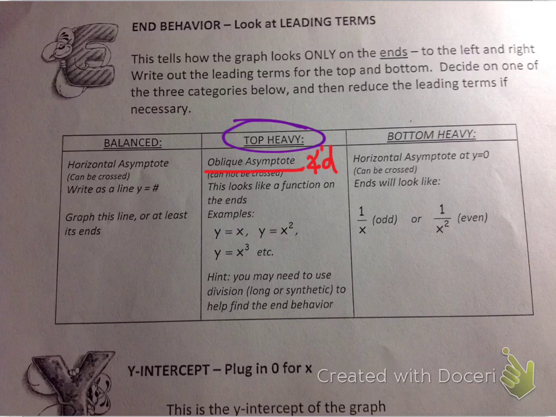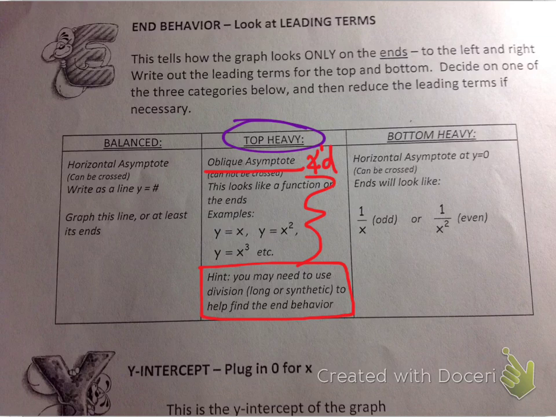Okay? And it tells you kind of what that means. It says that the ends of our graph are going to look like one of these functions. It's going to look like y equals x or y equals x squared on the ends. But in order to figure out what it's going to look like, you have to follow this hint. And it says you may need to use division. You're going to use division. So you can cross out the word may.